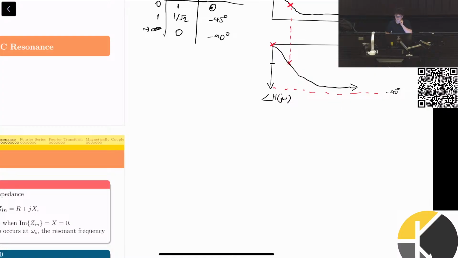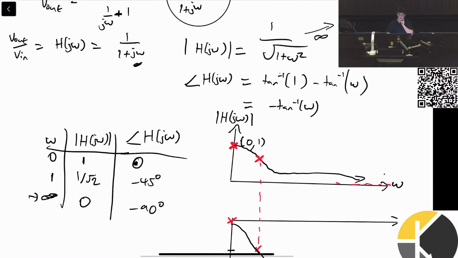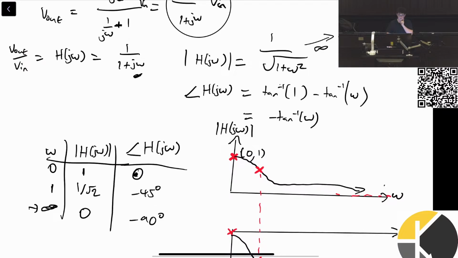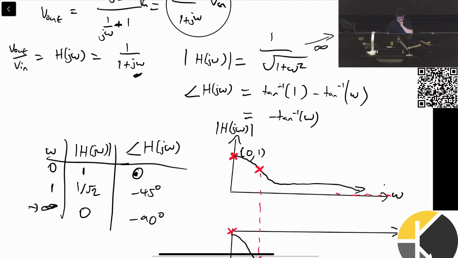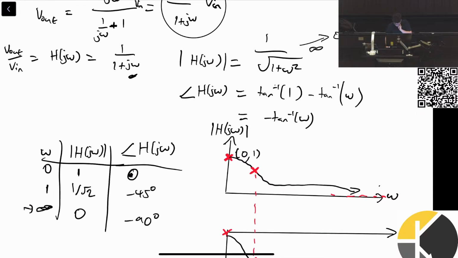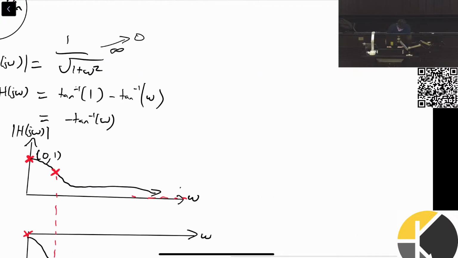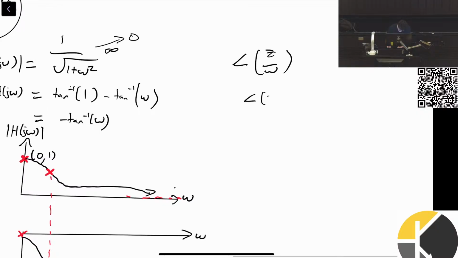Sorry? Yeah? Like over here? That is not correct. That is tan inverse 1 because you're taking the numerators when you have a complex number and you take the argument of z on omega, you're going to take the angle of z minus the angle of w, like if you have two complex numbers.